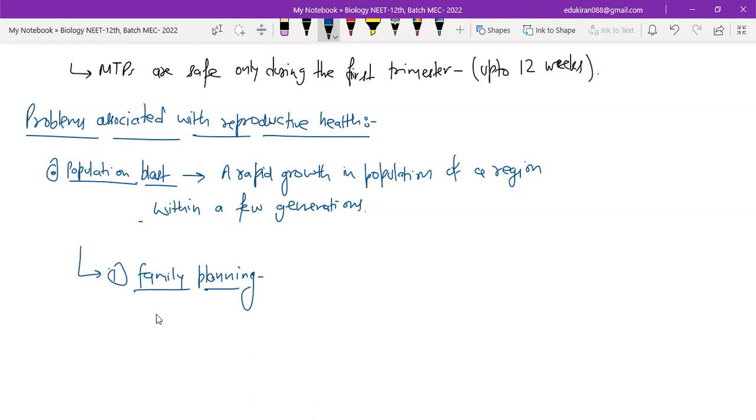Any idea biologically? Anyone? Hanifa? No idea? Rifat? How can planning a family help the mother and the child's health biologically?